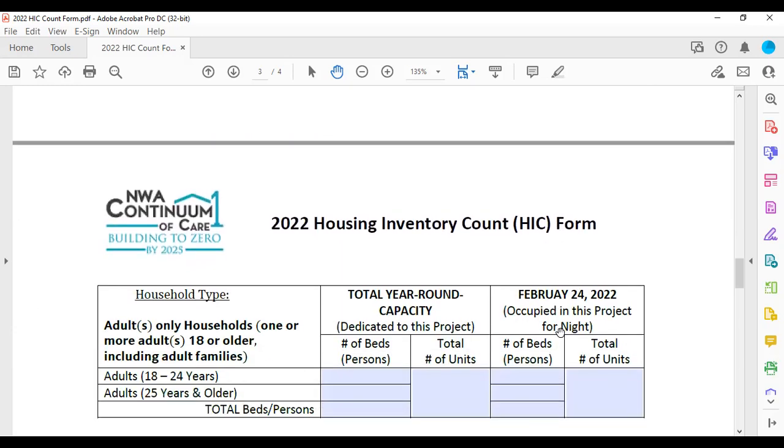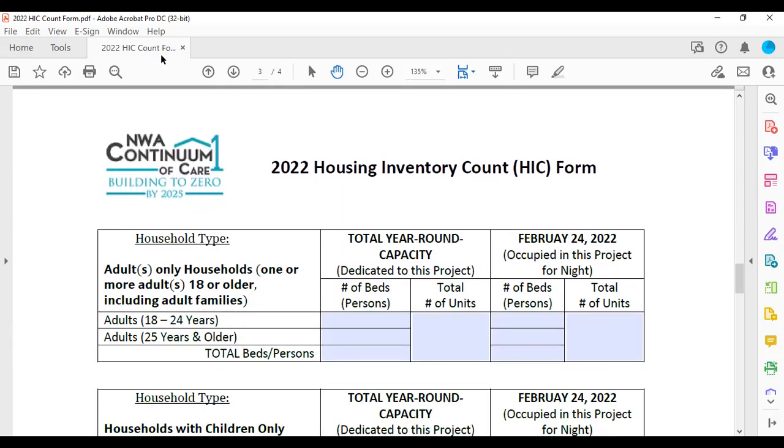Okay, so now we'll just go down for yours. Kim, what is your capacity for? Do you have adults 18 to 24, adults 24 and older, or do you just have a total number of beds? We have a total number of beds. We don't separate by age.